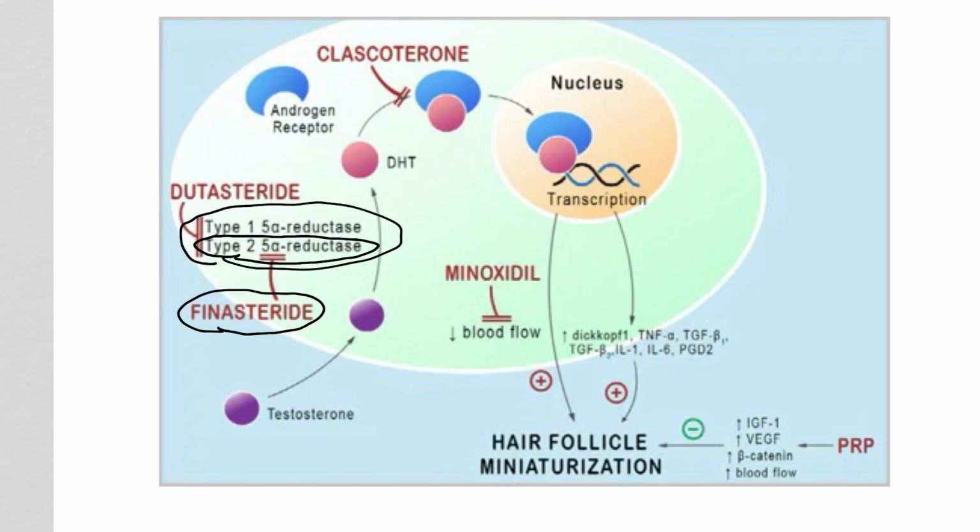But the mechanism here is finasteride very specifically inhibits type 2 5-alpha reductase, whereas dutasteride inhibits both type 1 and type 2 5-alpha reductase. And these two different variants, a word that you probably will see come up at some point, we call isoforms, which is really just a way of saying variants. They're enzymes that carry out the same reaction in general, but they have slightly different structures and often slightly different tissue expression patterns.